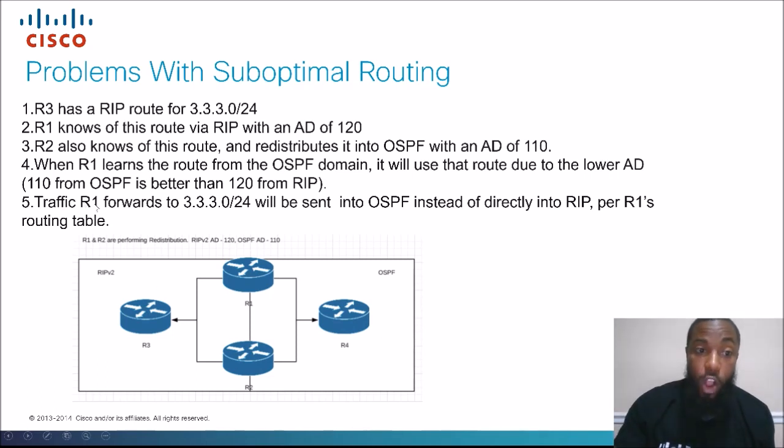So traffic from R1, which is router 1 right here, that he forwards to 3.3.3.3 will be sent into the OSPF domain that way, per router 1's routing table. When he looks at his routing table, he's going to say, oh, to get to router 3, I have an OSPF route. That's 110 instead of going this way, which is 120. So he's going to go all the way to router 4, router 2 to get to router 3 when he could have just gone directly that way.